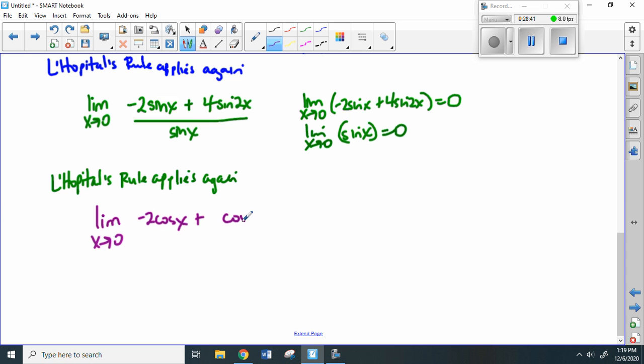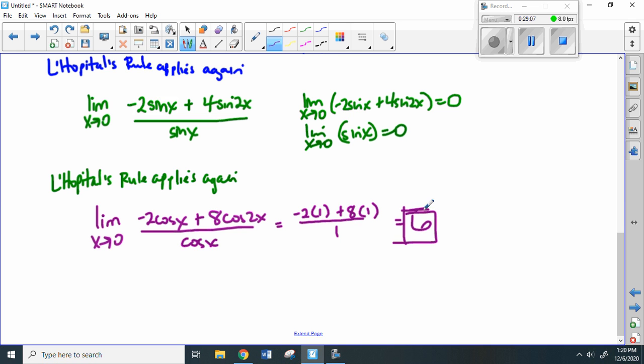Then we get another cosine of 2x times another 2. And then we have another cosine of x on the bottom. Remember, cosine of 0 is 1, so we're definitely not going to get 0 on the bottom. So we can put equals negative 2 times 1 plus 8 times 1 over 1, which is 6.